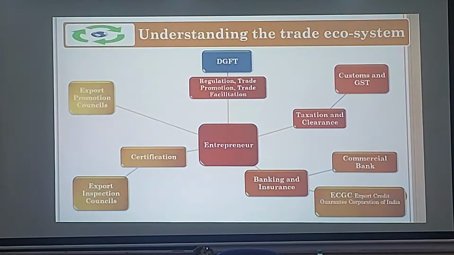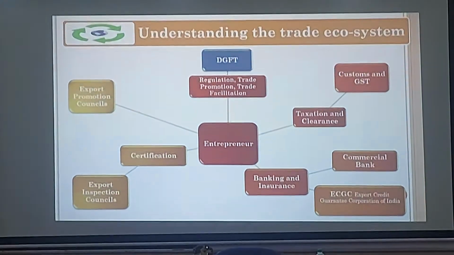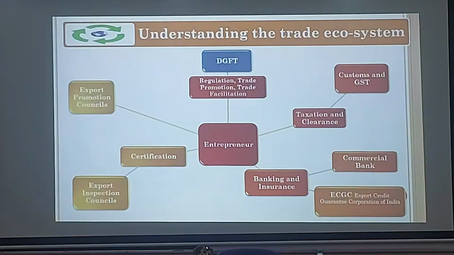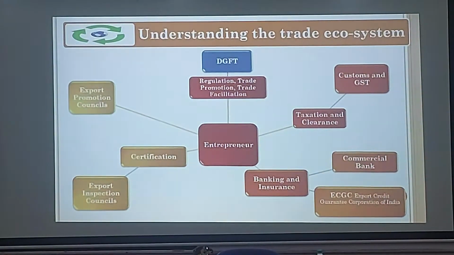Then there are export promotion councils like FIEO, Export Promotion Council for Handicrafts, Apparel Export Promotion Council. There are so many sector-specific councils. So people get confused that this council is doing the trade promotion, DGFT is also doing the trade promotion.